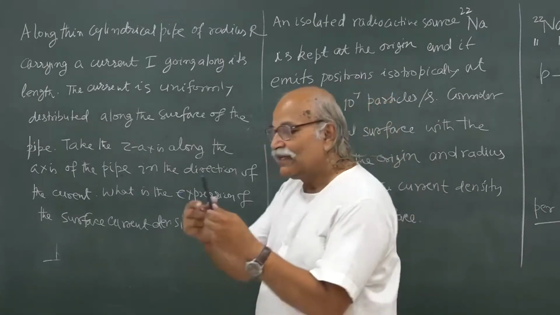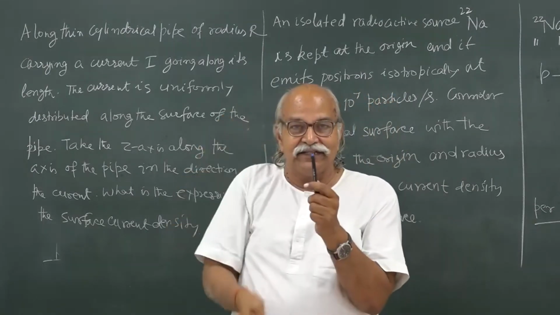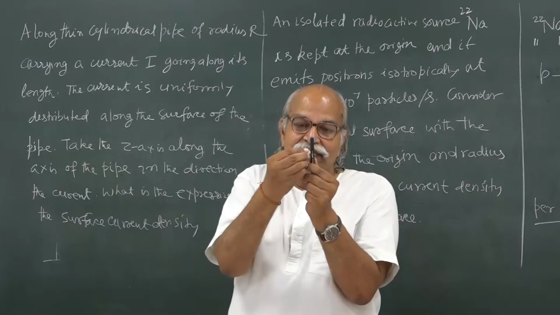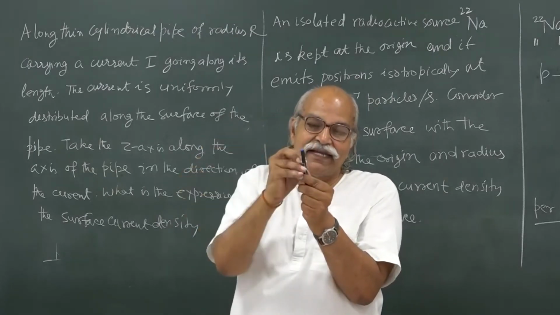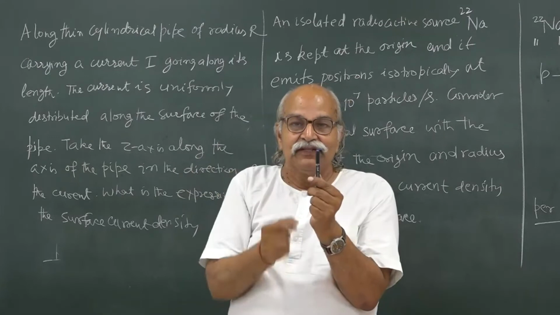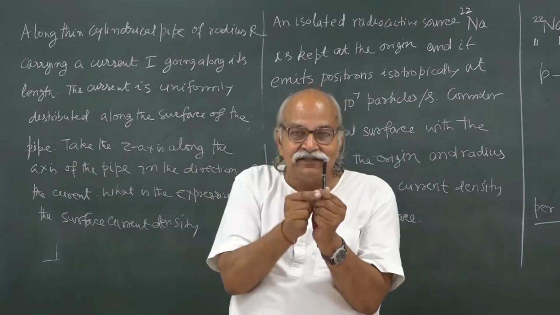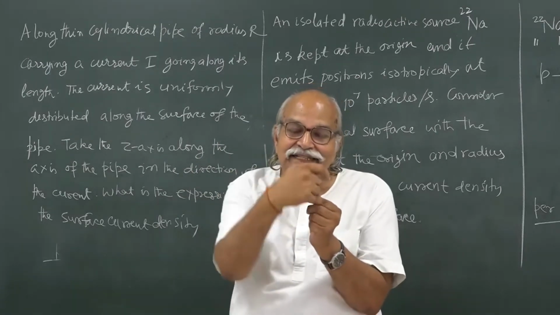So, here if the total current is I, I can take any periphery on this pipe. The current is going from this side to that side, and it is crossing this periphery.